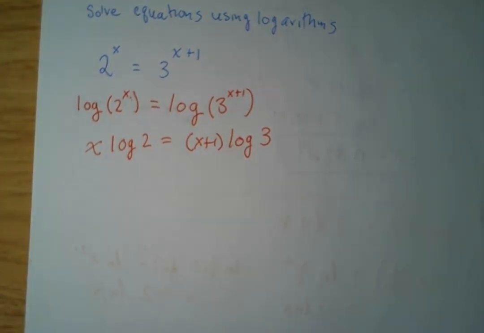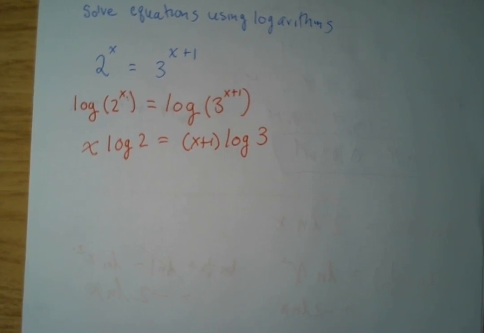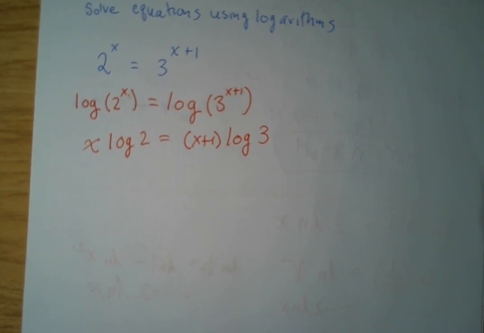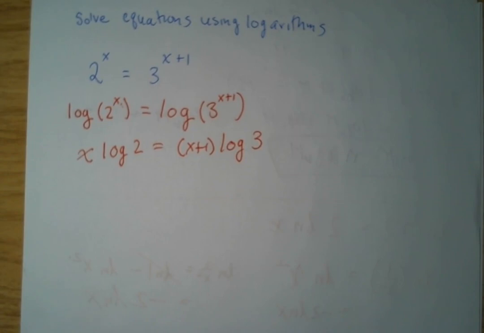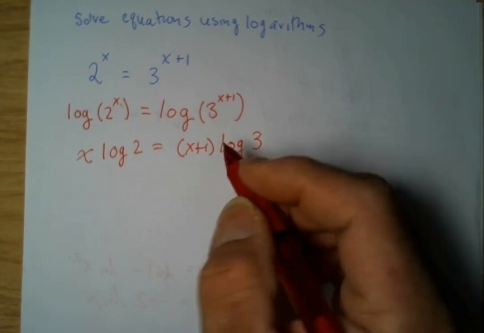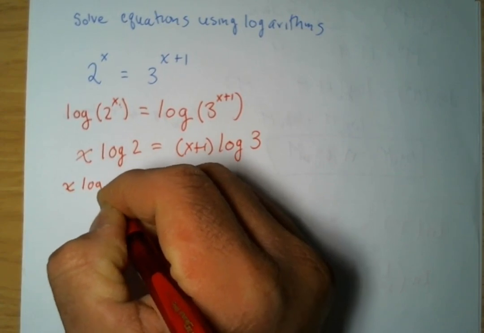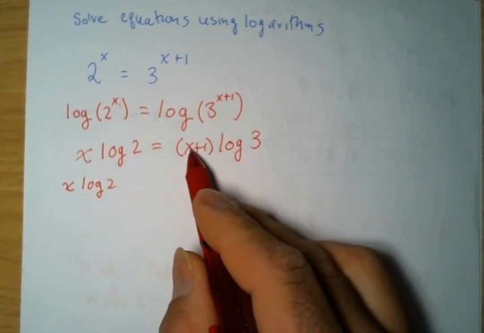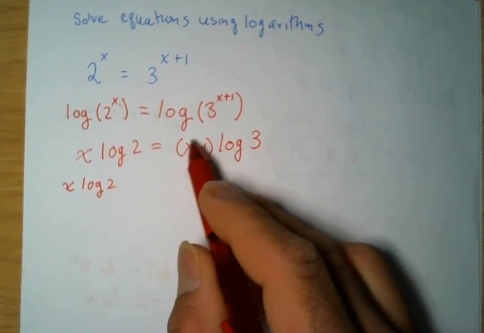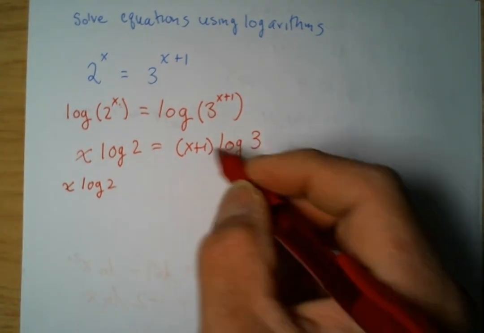Okay? And now it's very similar to when we just had linear equations, when we're trying to solve for x, where I want to isolate the x on one side of the equation and everything else on the other. We just have logs involved, but the process is still the same. So the first step is to distribute this log 3 into x and then that plus 1.